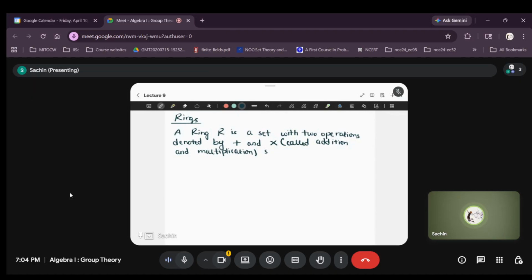So ring R is a set with two operations, addition and multiplication, satisfying the following properties. We need the set R with operation plus to be an abelian group.